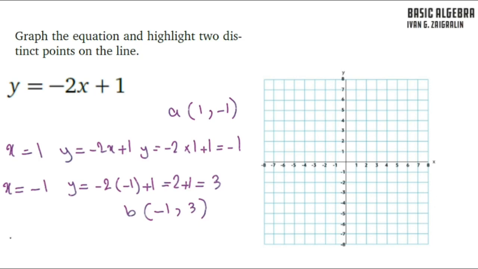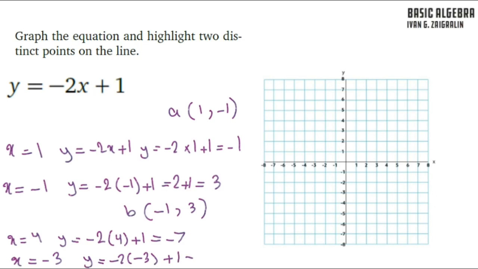And when x equals 4, y equals -2 times 4 plus 1, which equals -7. And when x equals -3, y equals -2 times -3 plus 1, which equals 7.